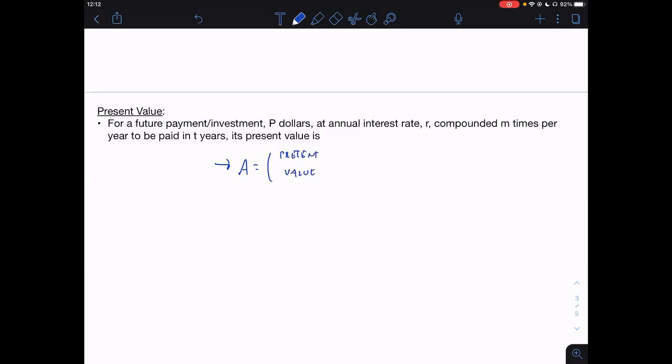And this present value is calculated by taking our future amount represented by P, our future payment or future investment, and then dividing this, instead of multiplying, by 1 plus R over M raised to the M times T.